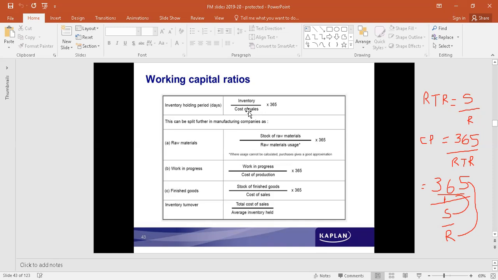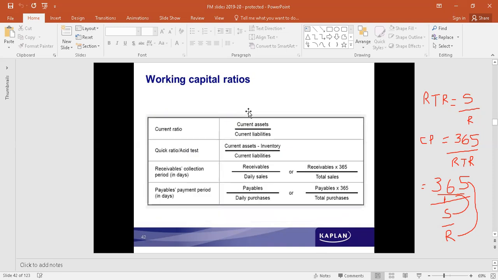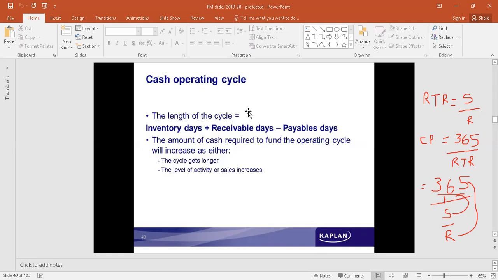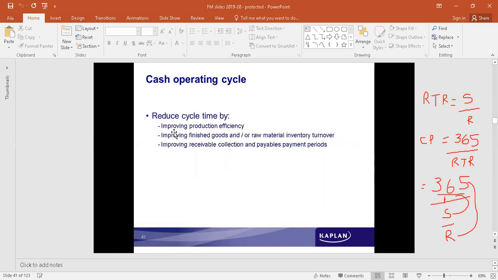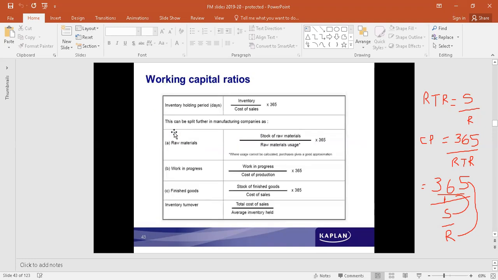So that's the logic behind these three numbers of days: receivables days, payables days, and inventory days. If we have these three things, we will be able to calculate the cash operating cycle in number of days. The length of a cash operating cycle in number of days can be calculated as inventory days plus receivables days minus payables days.